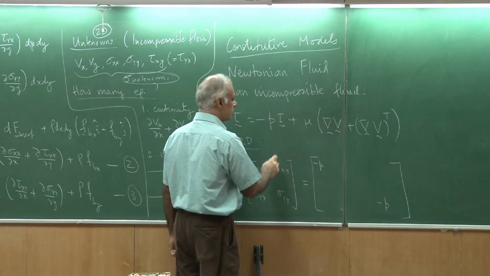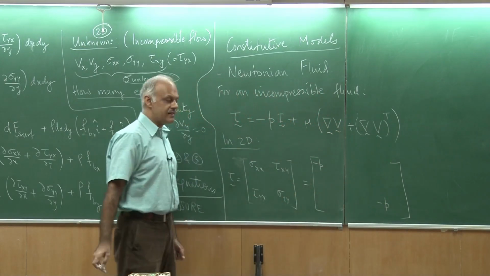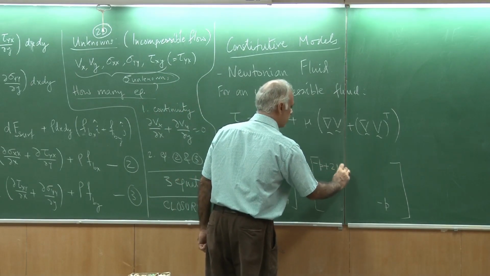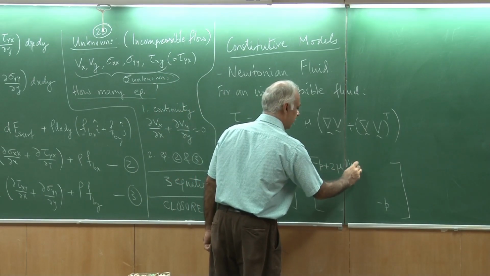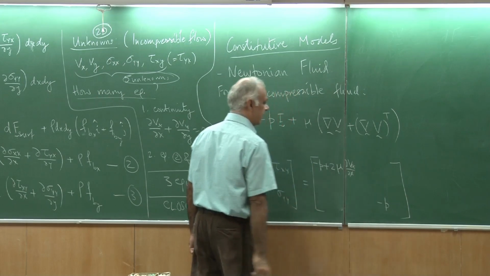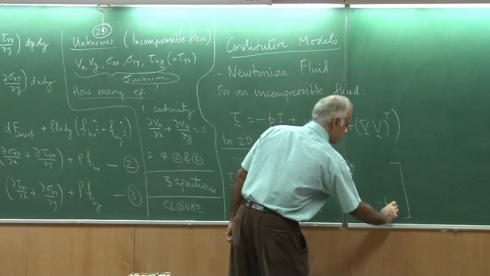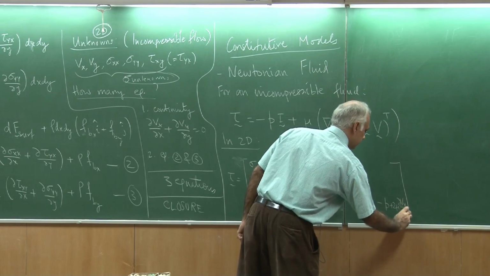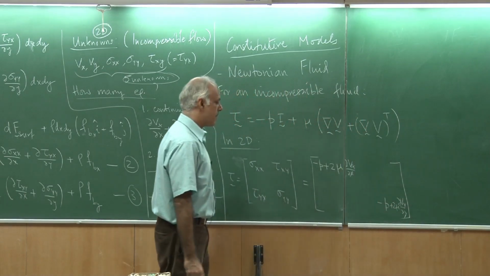This does not contribute to the off diagonal terms, and here I am going to get plus twice mu del Vx by del x, and this would be plus twice mu del Vy by del y.